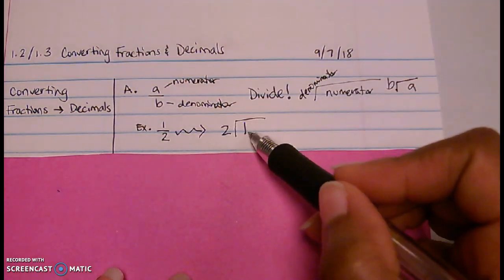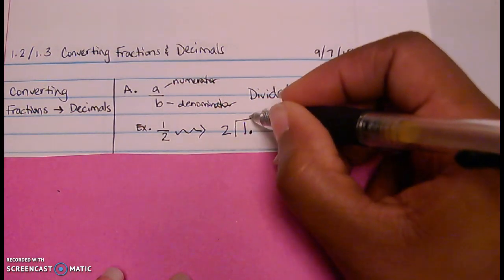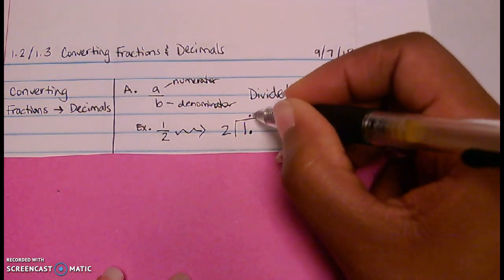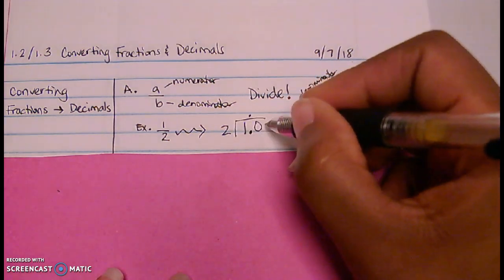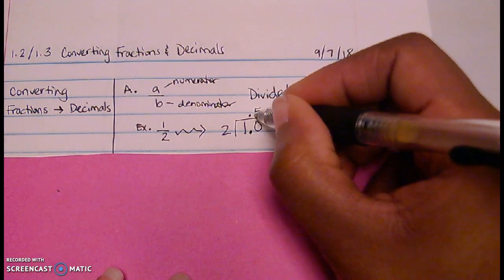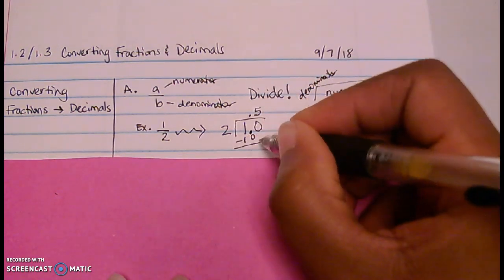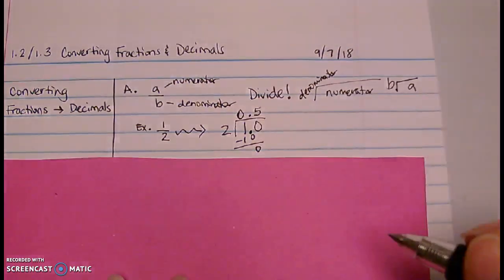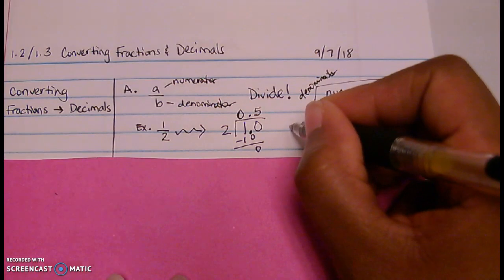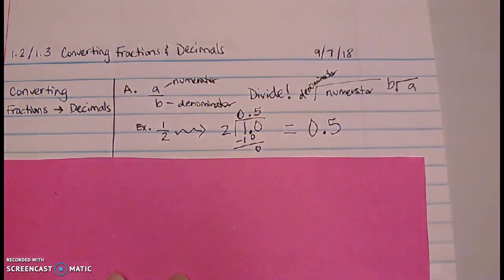Recognizing that 2 can't go into 1, I would go ahead and put my decimal place, top and bottom, and a 0. I know that 2 can go into 10 5 times. 5 times 2 is 10, and I'm left with no remainder. I can go ahead and fill in a 0 here. So that means that 1/2 is the same thing as the decimal 0.5.